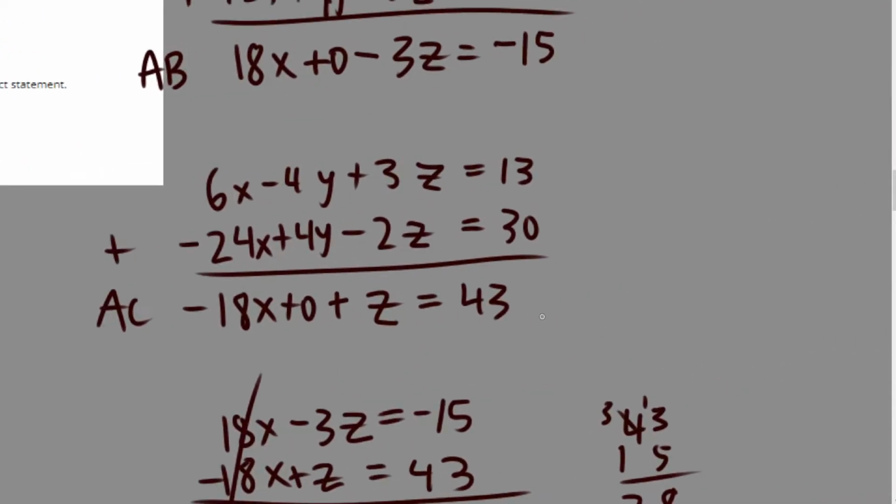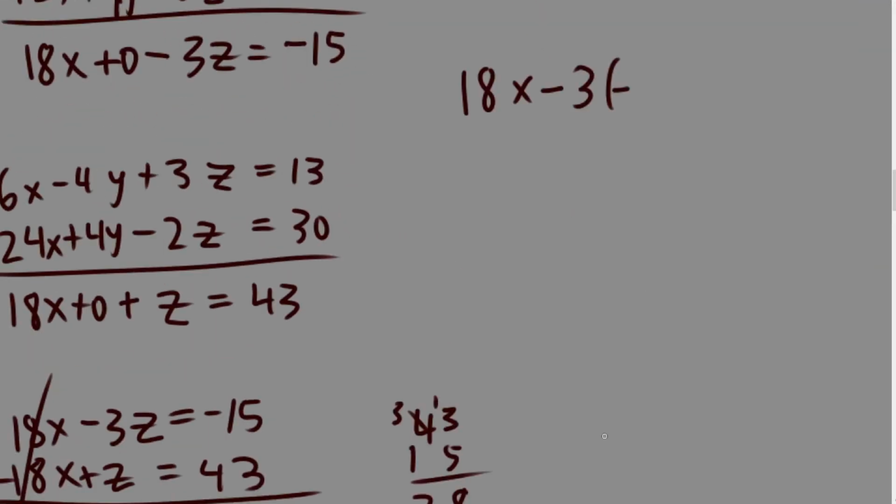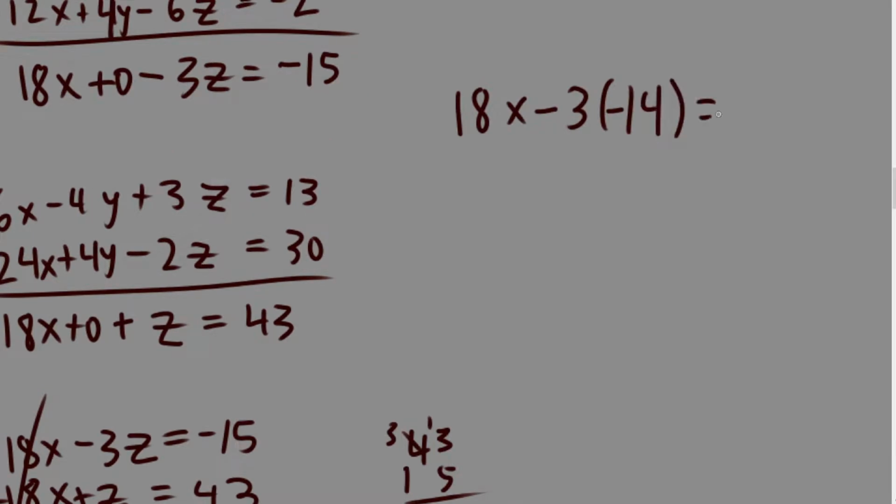We have negative 18x. We'll do the positive because that's easier to deal with. 18x minus 3 times negative 14 equals negative 15. So we'll do 18x, and then negative 3 times negative 14 is going to be positive 42, equals negative 15.